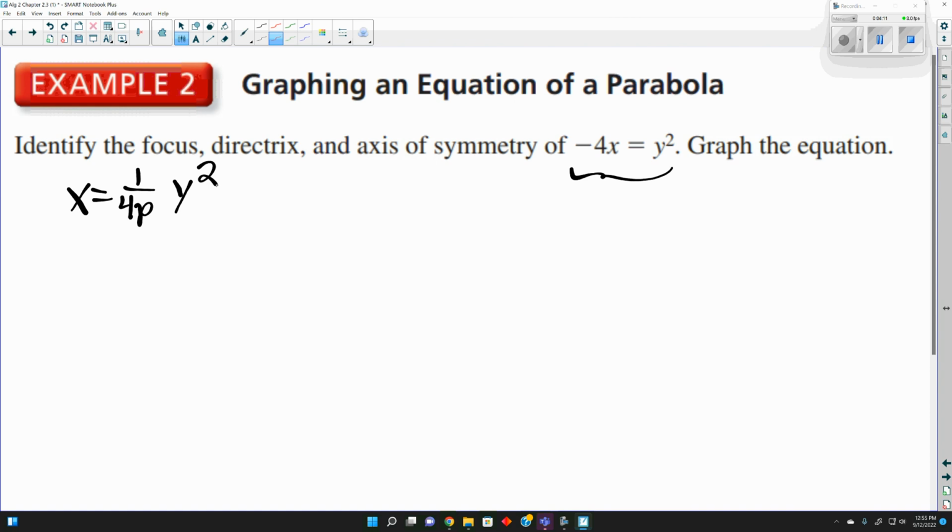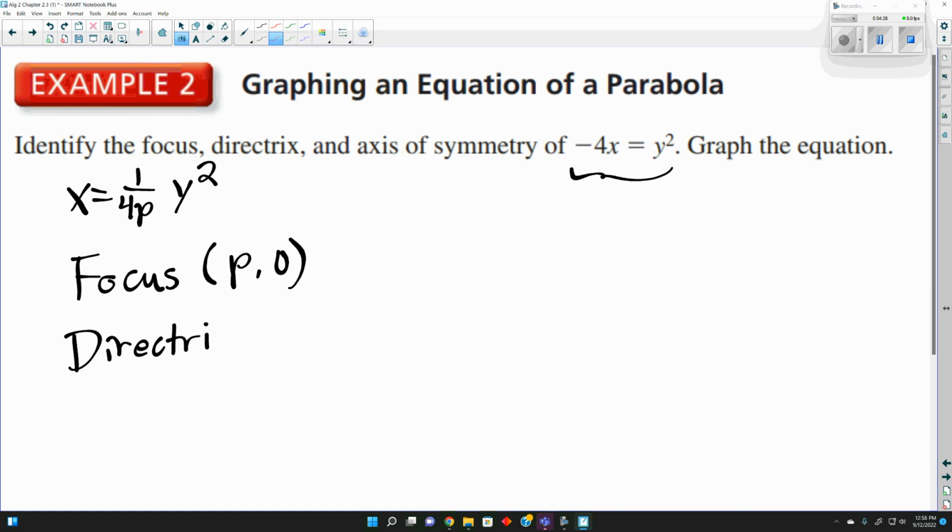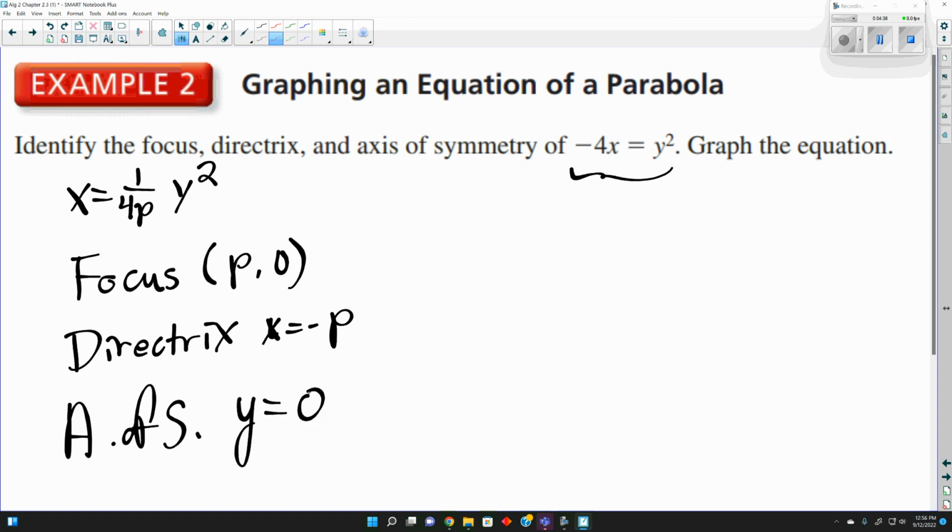And just based off the pure definition, the focus is the point p comma 0. Straight from the definition. The directrix is the equation x is equal to negative p. And the axis of symmetry, y equals 0.